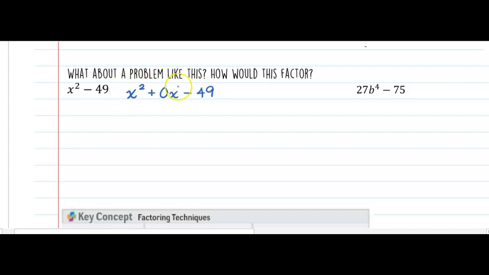So now I take 1 times negative 49, which would be 1 and 49, or 7 and 7. I need one column to be negative, so they multiply to give me a negative 49, and I want them to combine to give me nothing. So 7 and 7. x minus 7, x plus 7.